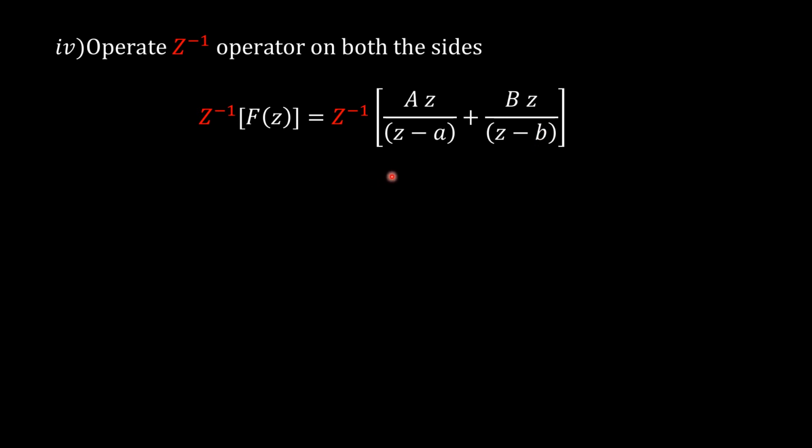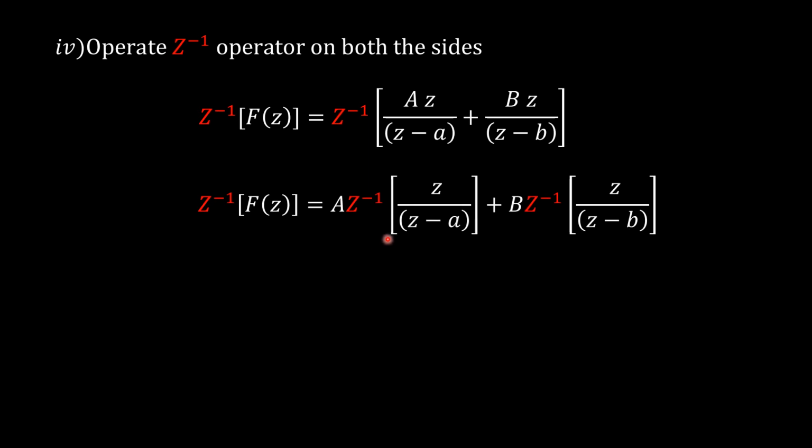We have to operate the Z inverse operator on both sides. Then use the linearity property of the Z inverse operator, using which we get A into Z inverse of z upon z minus a plus B into Z inverse of z upon z minus b.